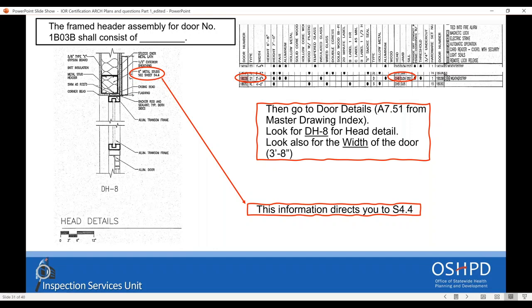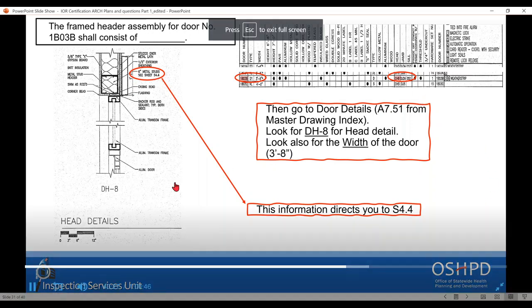You need to look at A7.51 from the master drawing index. Look for the DH detail and it directs you to a circle. It says see structural drawing S4.4. So what you need to do is go to the S4.4 to get the answer.